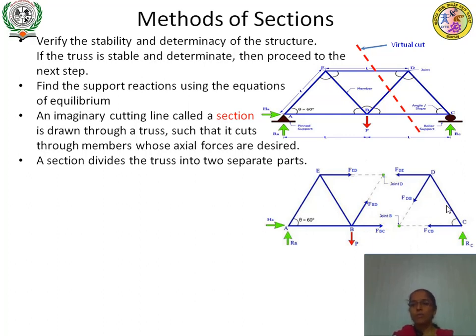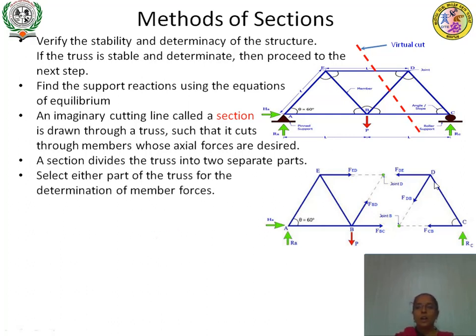To find the member forces, you can consider either the left part or the right part, whichever has less computation. For this instance we can consider the right part, so that there is only one reactive component, whereas the left part has two reactions as well as one applied load. Therefore, to reduce the computation, we will consider the right part.